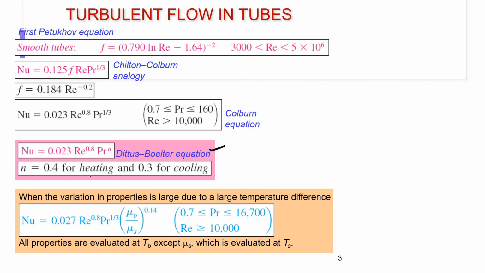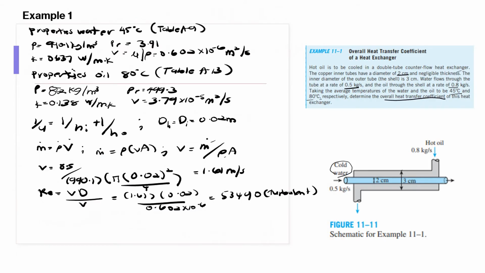Inside the tube there is a heating process occurring, so we need to substitute n with 0.4. To calculate the Nusselt number, Nu is equal to hD over k, which is equal to the Nusselt number formula, 0.023 times Re.